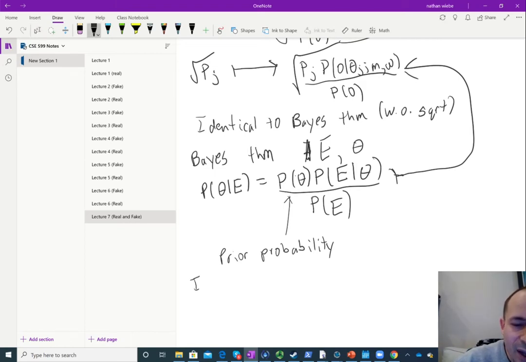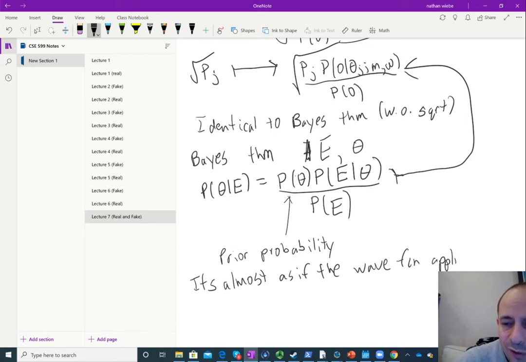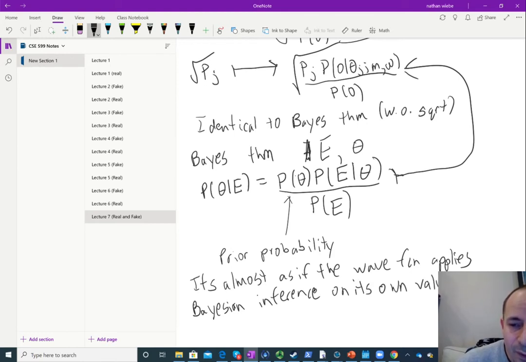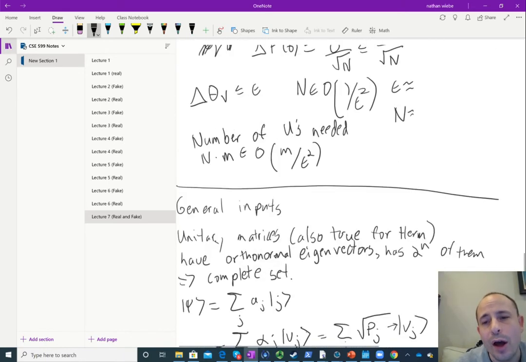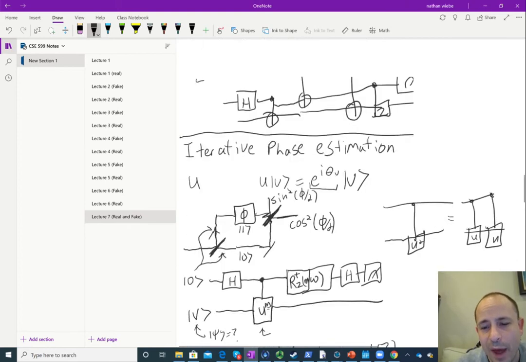So it's almost as if the wave function applies Bayesian inference on its own value. It's kind of like as you start feeding more and more data and start doing more and more of these partial measurements. So let's just go back to this over here.